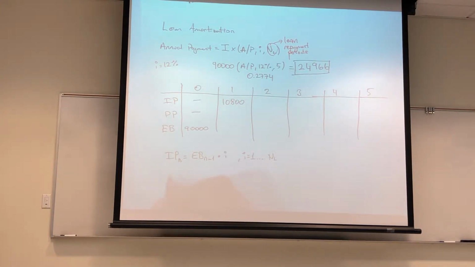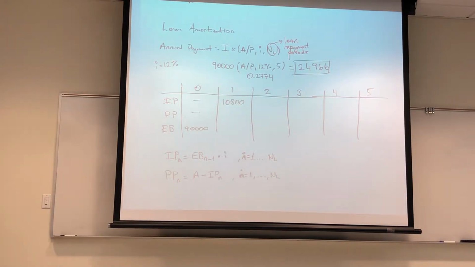Right? Now, let's go to the second part, principal payment. The principal payment of period n will be equal to A, our annual payment, which is a fixed scalar, minus the interest paid of that year n, for n from 1 to N of the loan.